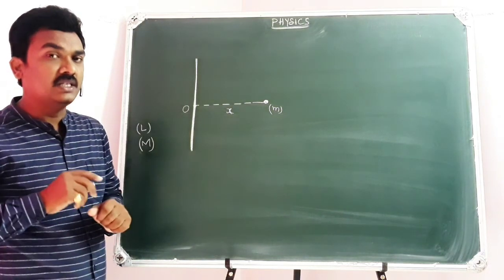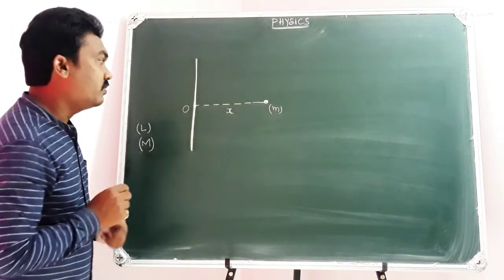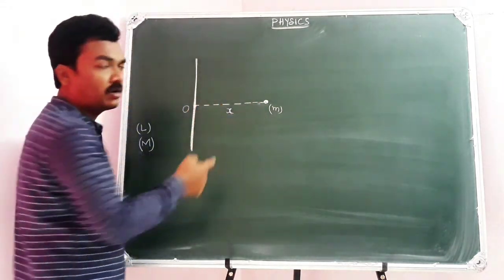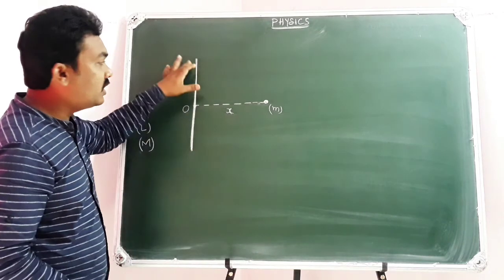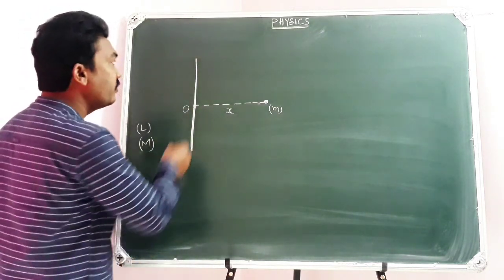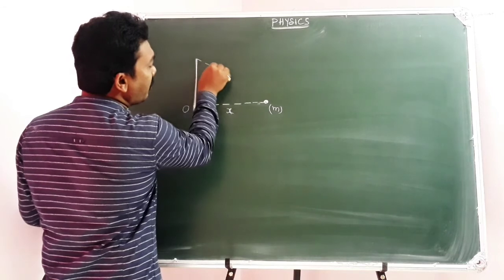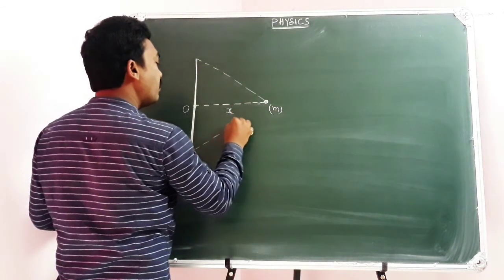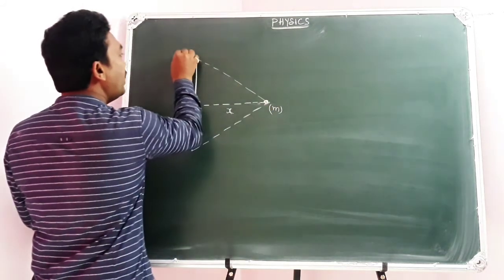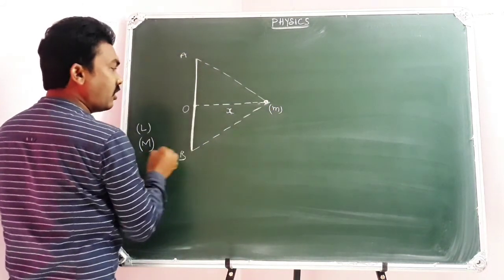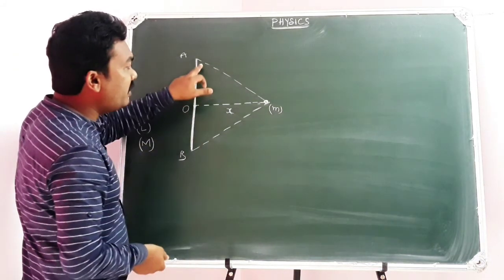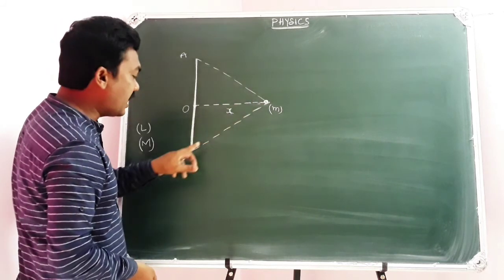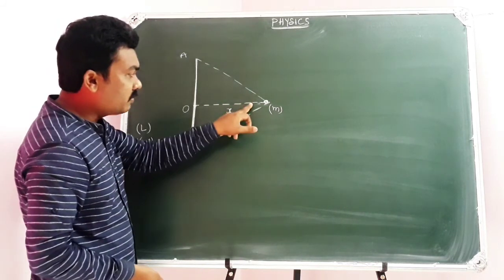The difference you have to identify. Next, this point mass might be symmetrical about the length of the rod or not. Symmetrical means the angle made by the rod at the point mass will be the same for both ends. If A and B are the ends of the rod, the angle made by end A at this mass will be the same as the angle made by B at this mass.